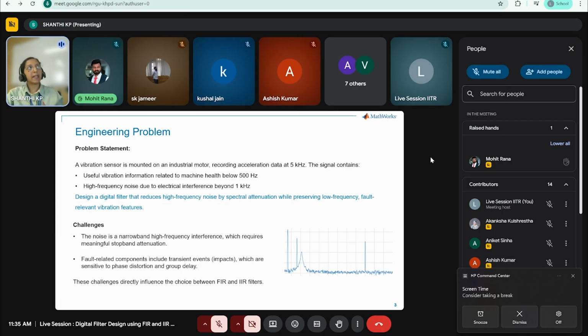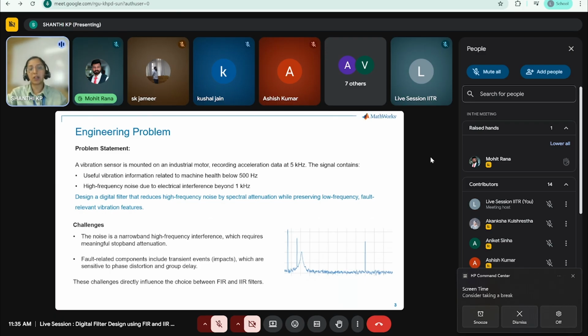Talking about why denoising is important, denoising is usually the first step before any signal processing task, as you might already know, because most signal processing algorithms assume that the input signal represents the true physical phenomena. The presence of noise violates this assumption and can distort or completely mask the information you are trying to extract.